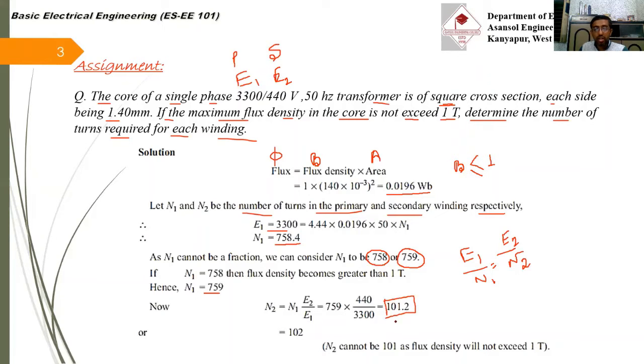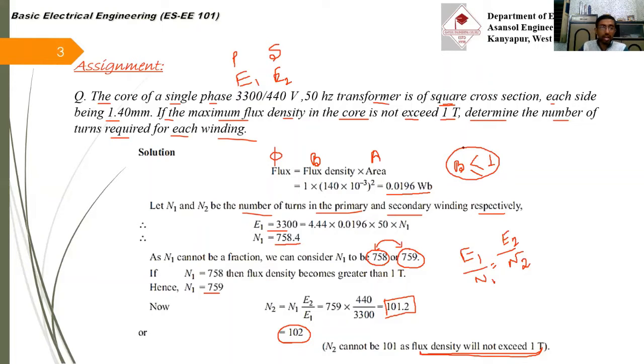Again, this N2 cannot be 101 because if N2 is 101, the flux density will be more than 1 Tesla. So the N2 value is 102. So for N1, between 758 and 759, which one is correct? You have to take into consideration this B value.